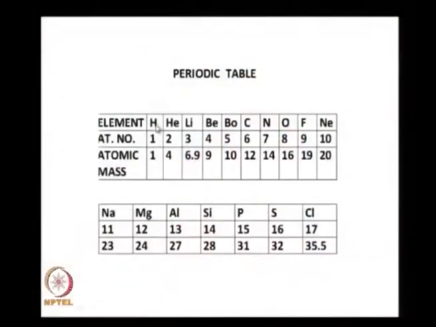Let us take a particular case. Hydrogen has a low atomic mass, and therefore even if I take a hydrogen molecule H2 whose molecular mass is 2, it is lower than anything else, therefore it is a very viable propellant from the molecular mass point of view. I next go to helium. Helium is inert. Well, it can be used as a cold gas, but cannot be used as a chemical propellant.